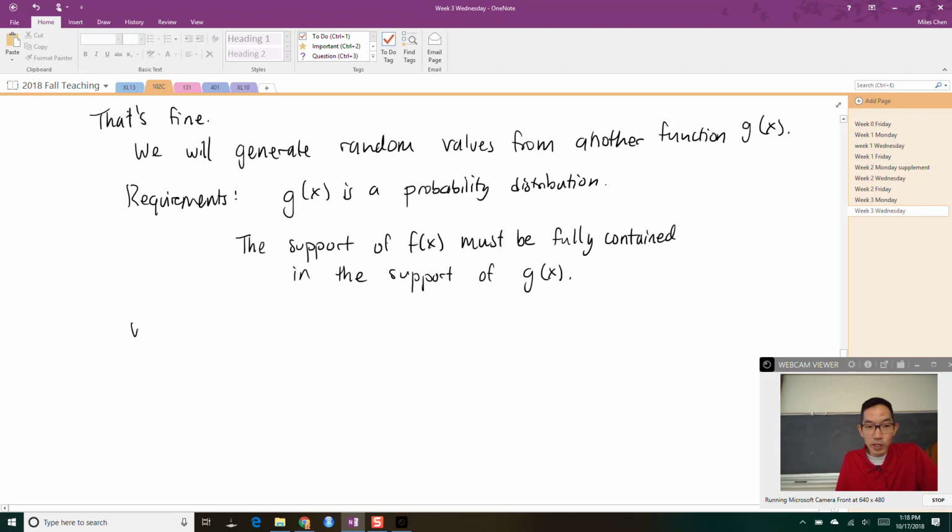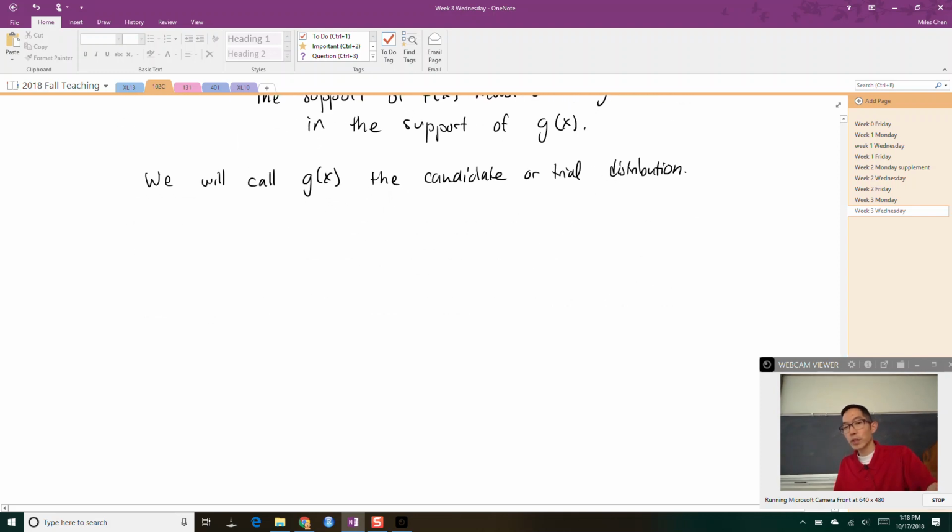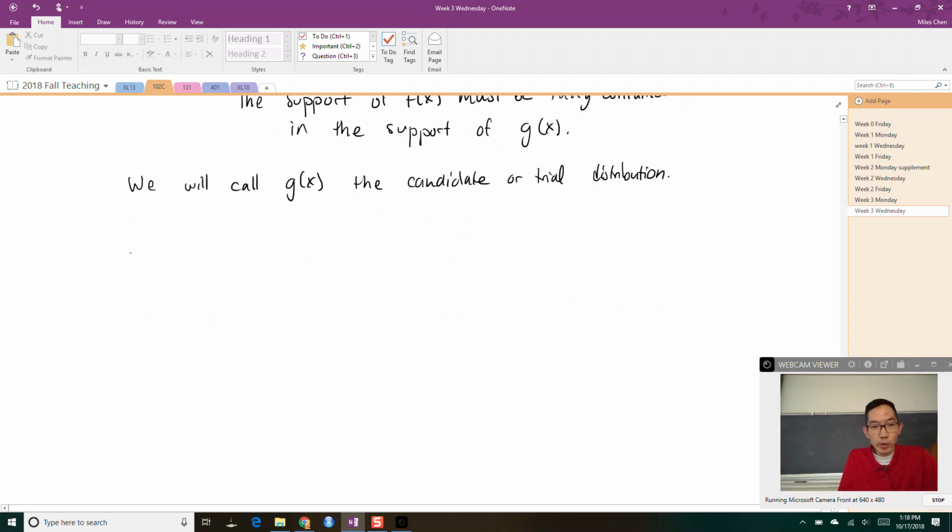And then we will call g of x the candidate or trial distribution. Okay, and so what do we do? All right, so keep in mind what we want.